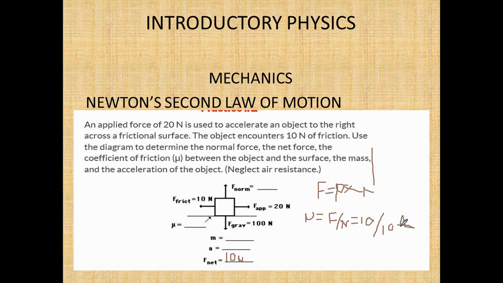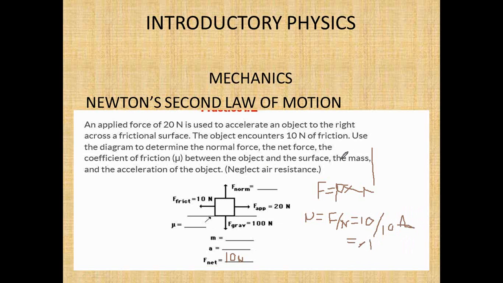Okay, this is a zero, just a zero in a different language. So 10 divided by 100 is equal to 0.1. So your coefficient of friction is 0.1.